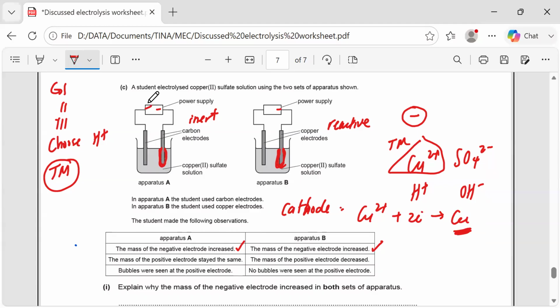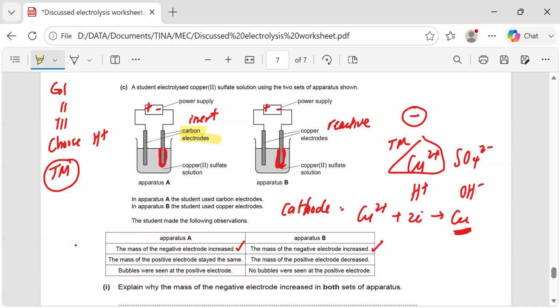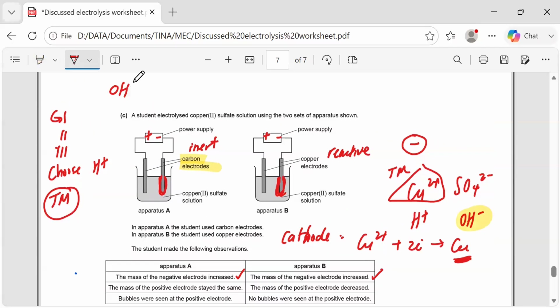Okay, for the positive terminal, however, for the one using carbon electrodes, sulfate or hydroxide, who do I choose? Hydroxide. And hydroxide will go to the anode. And what will it form?